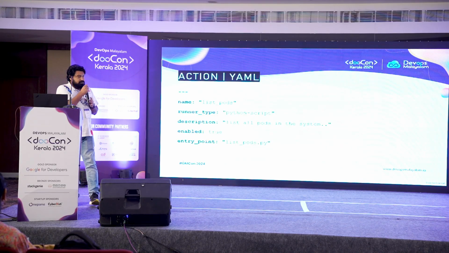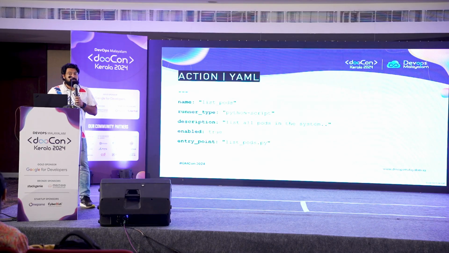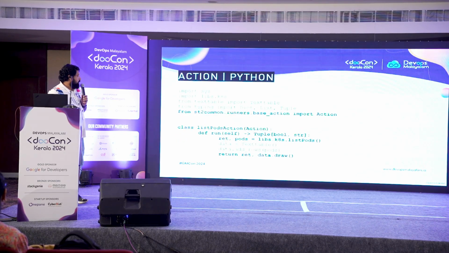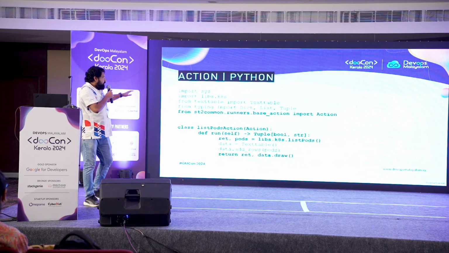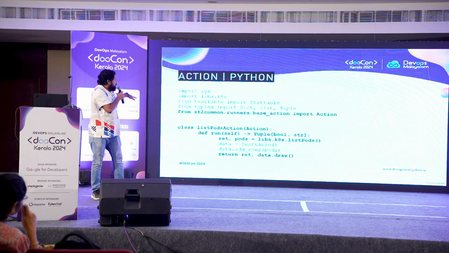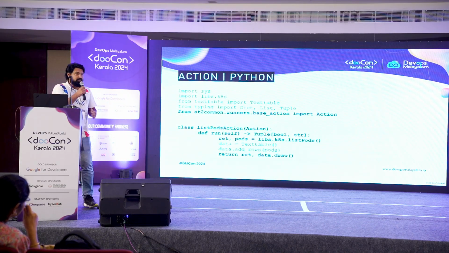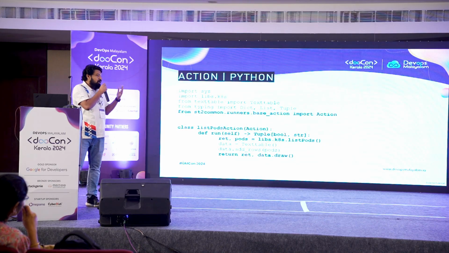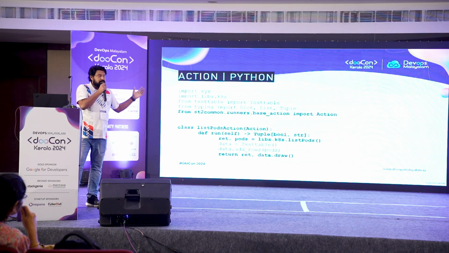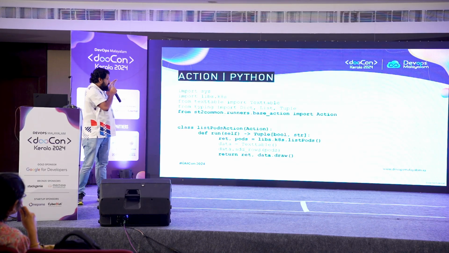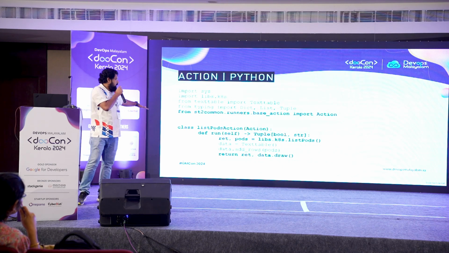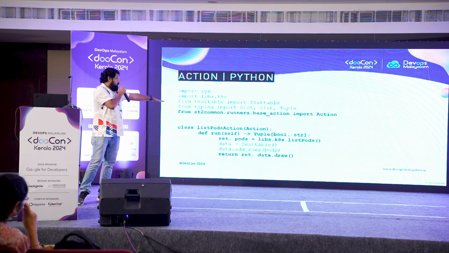It will be list_all.py. That is the Python program that will get executed. The Python program will look like this. The important line is this, from st2common. That's a common Python package you can use. You don't have to know about what is happening inside. All you need to know is you need a child class from that action, and there should be a method called run.